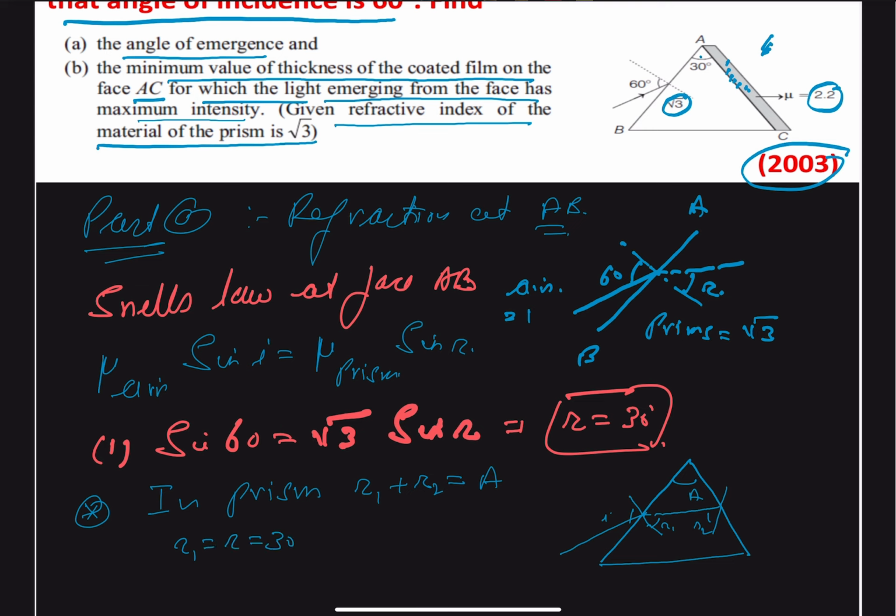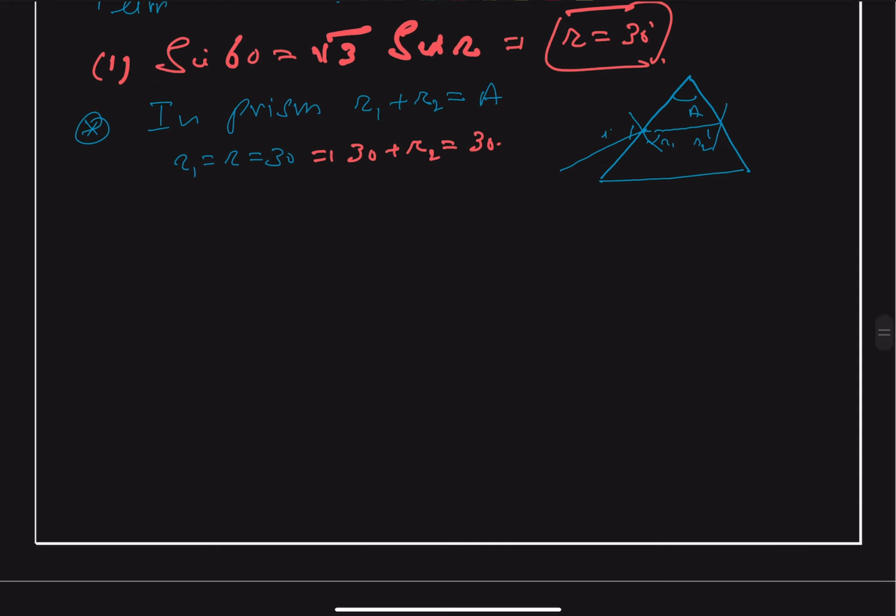So we can write 30 plus R2 is equal to the angle of prism, which is given as 30 degree. Therefore our R2 is equal to 0.